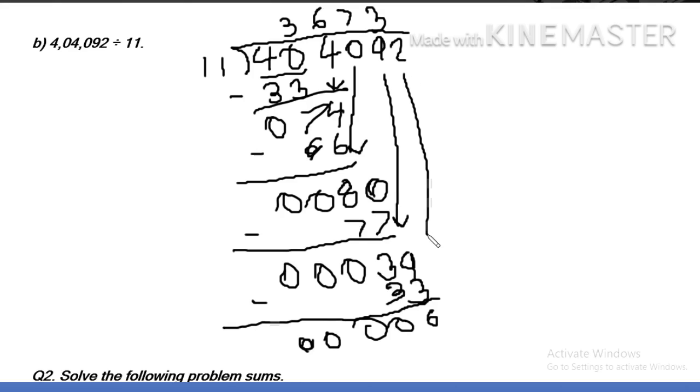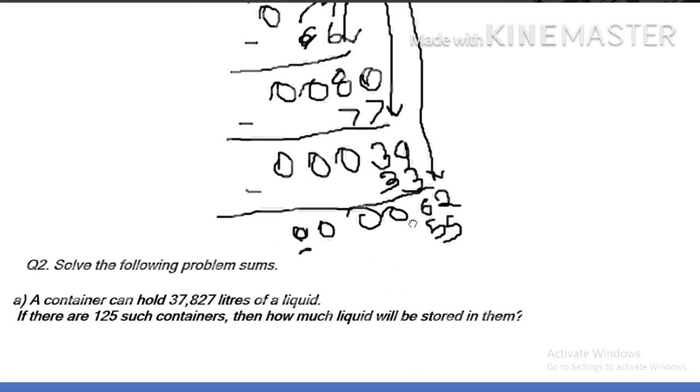Then 2 copied and 5 times 55. Borrow it, so this will be 7 and nothing will be left here.